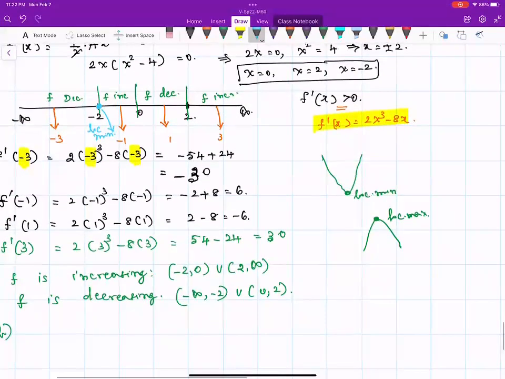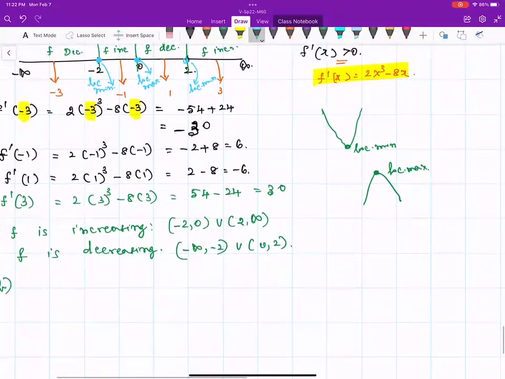Then increasing to decreasing, so at 0 it is a local max. Decreasing to increasing, so again there is a valley here. Local min.